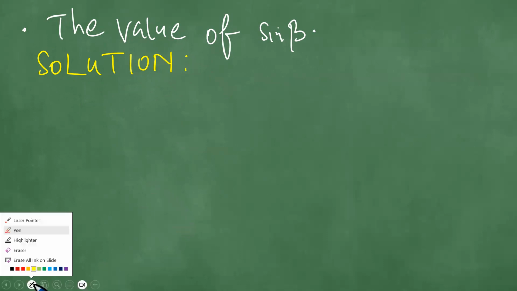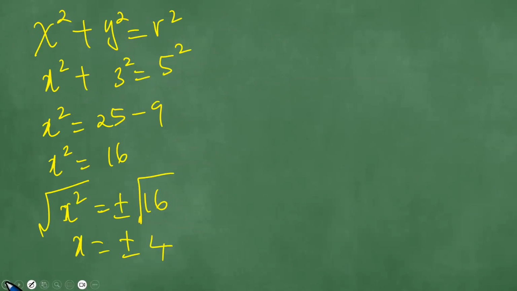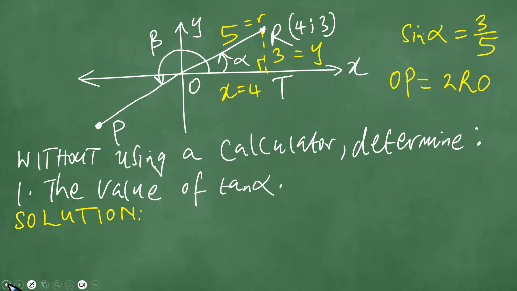So now, what is sine beta now, Tando? I'll say it is going to be 4 over 5.